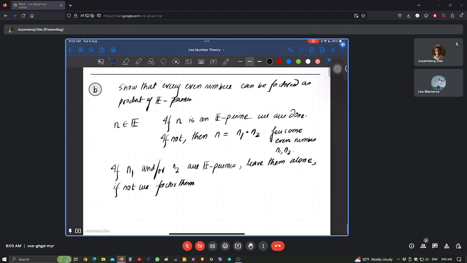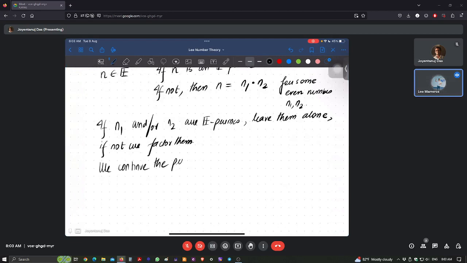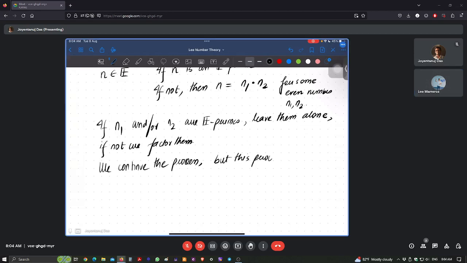Yes, we can recursively continue the process, but the process has to stop somewhere, because at each step the number is getting smaller. This process must stop since the factors are getting smaller.